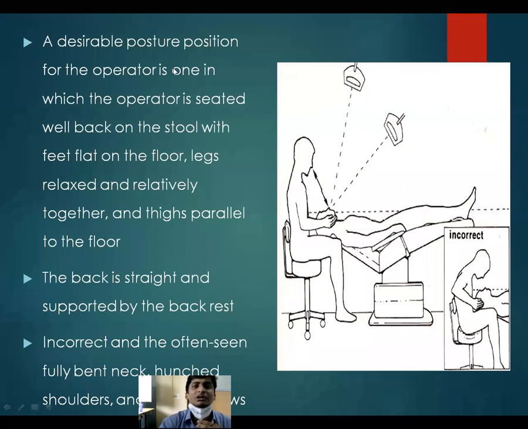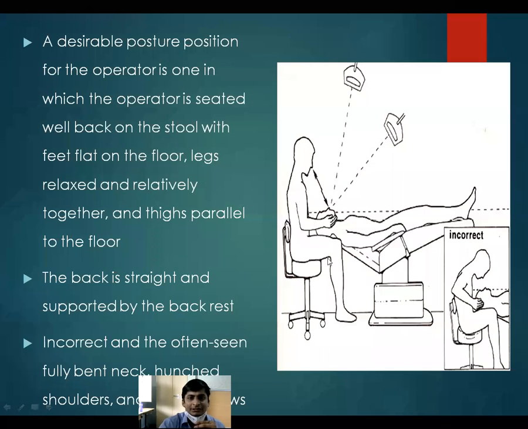A desirable posture position for the operator is one in which the operator is seated well back on the stool with the feet flat on the floor, legs relaxed and relatively together, and thighs parallel to the floor. This is very important. Every word in this paragraph is very important. The operator is properly seated well back on the stool, with both feet flat on the floor.